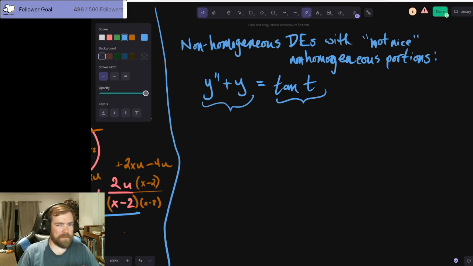It might be some form of secants and tangents, but it's not just going to be tangent, and it's not just going to be secant. So we have to figure out exactly what combination it is that's going to make this work.